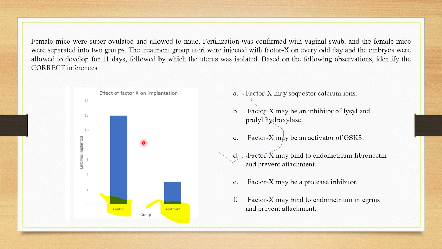So the remodeling, you should understand this, that whenever implantation takes place, the epithelial layer of the endometrium remodels itself. What is the meaning of remodeling? It turns itself in such a way that it becomes competent enough to take the incoming blastocyst in it. So it has to remodel itself.